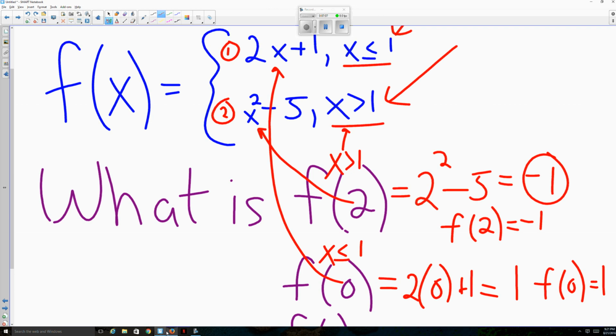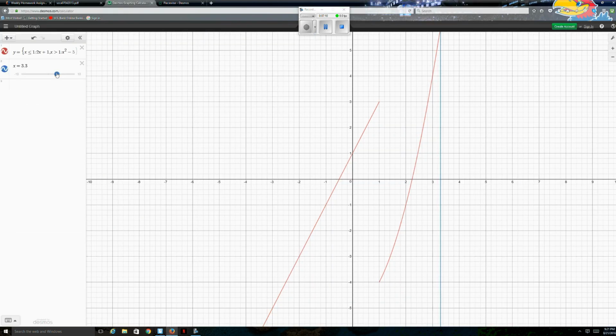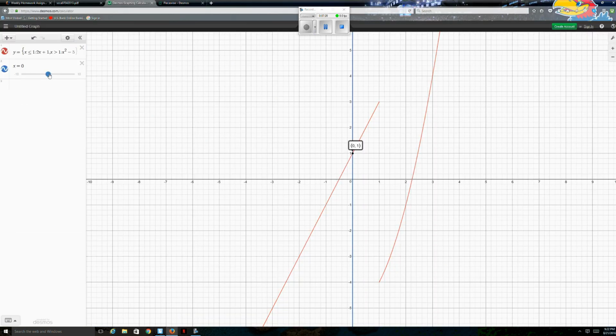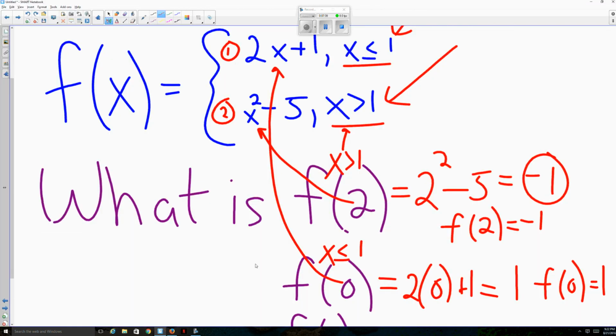I'm going to change this x value to 0. Please notice that right here, I have a point 0, 1. And when x equals 2, notice I have a point 2, negative 1 right here. Those are the ones that we've done.